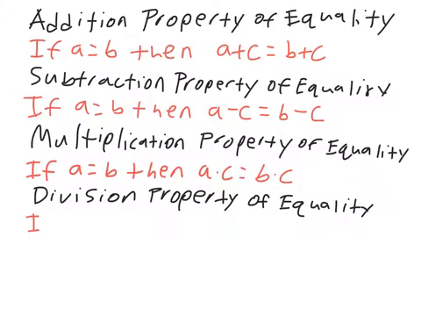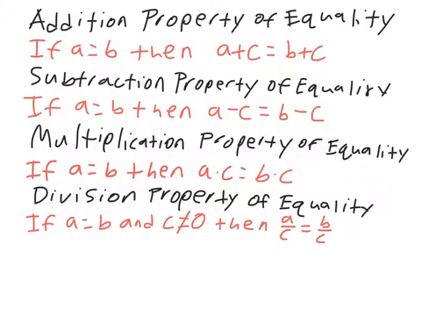So this one says, if A equals B and C does not equal 0, so C can be any number, but it can't be 0, then A divided by C is equal to B divided by C. So again, if we have two numbers, A and B, and we divide them both by the same number, they will still be equal. Except if C is 0, because you just can't divide by 0.